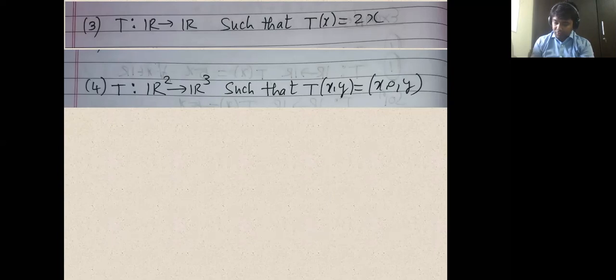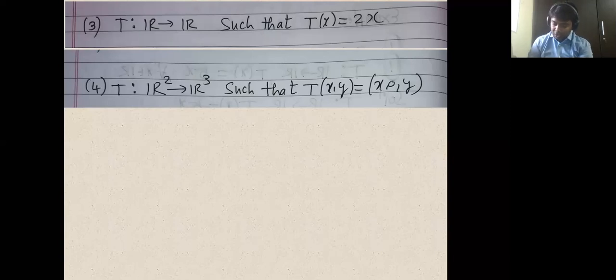So T from R2 to R3 such that T of x comma y equal to x, 0, y. So to find out the kernel of this mapping.